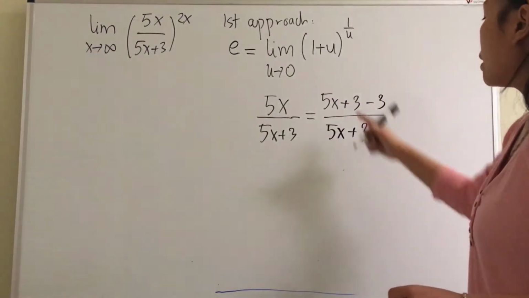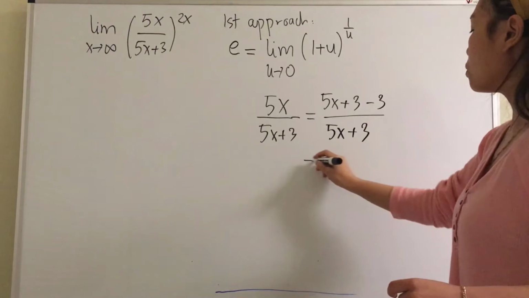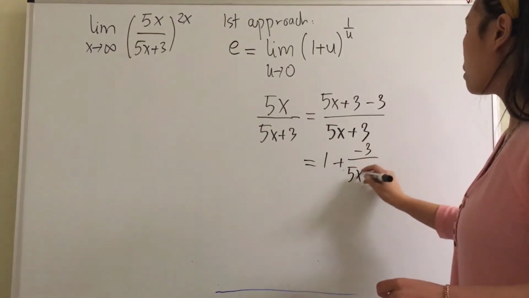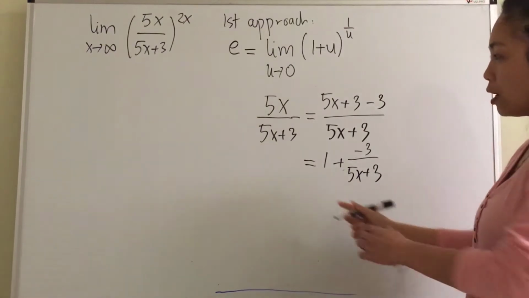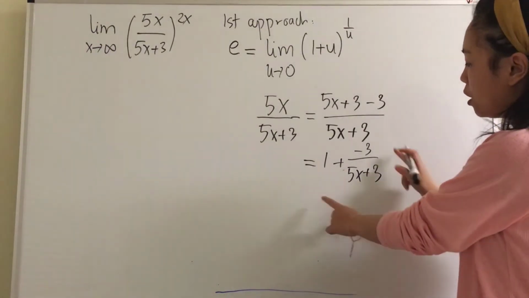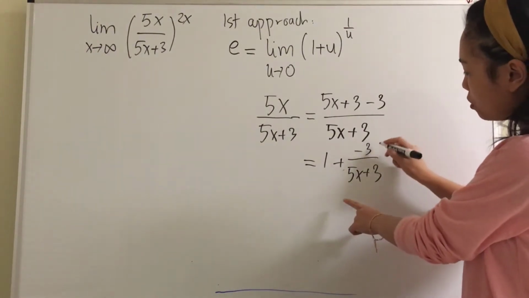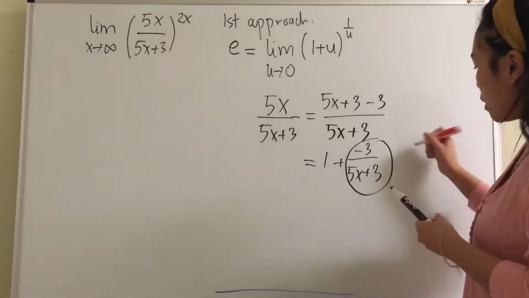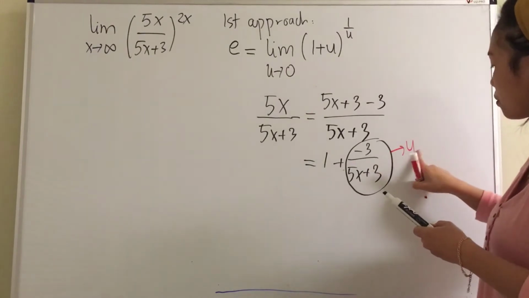You see that? Now 5x plus 3 over 5x plus 3 is 1, plus negative 3 over 5x plus 3. See that? Now I have shown up the form 1 plus u, right? That means I use this one as u.